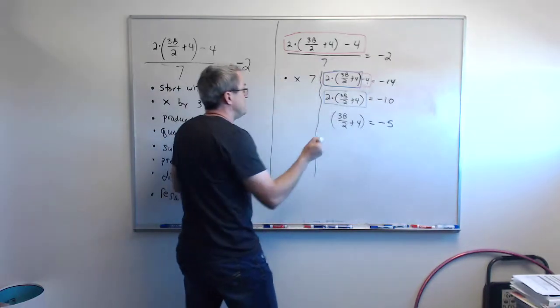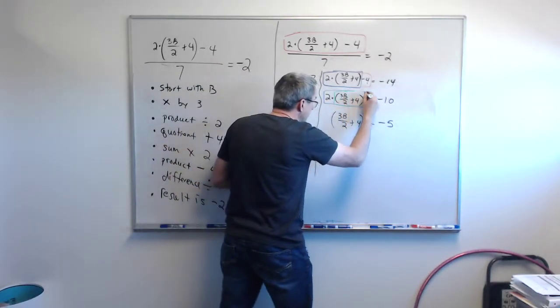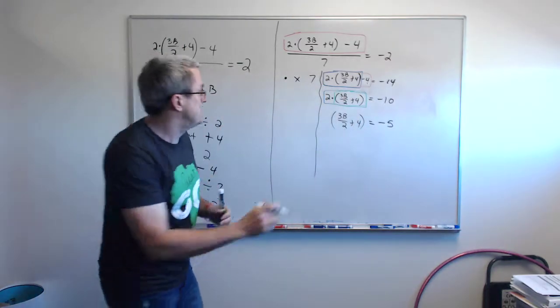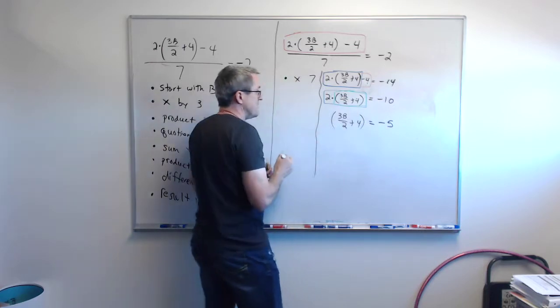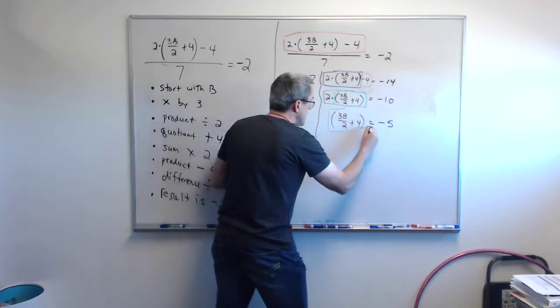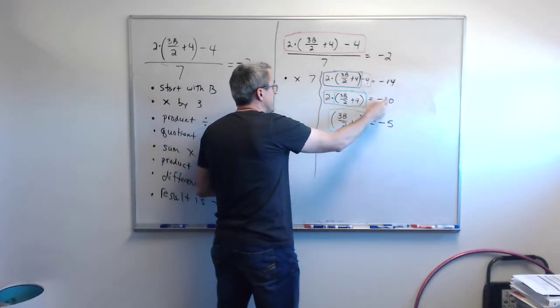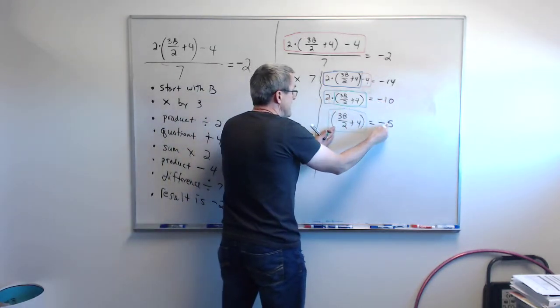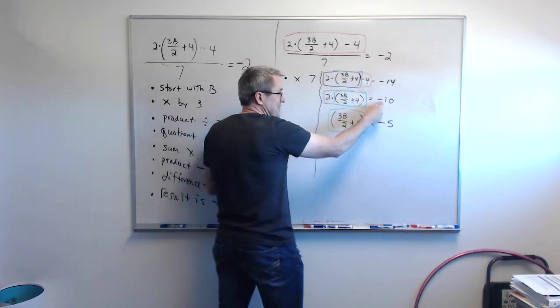Now again, let's just think this through. Grab one more color. What we're really saying is this stuff in green is something. That something, when multiplied by 2, produces -10. What quantity would you multiply by 2 and get -10? That quantity must be -5 because -5 times 2 is -10.